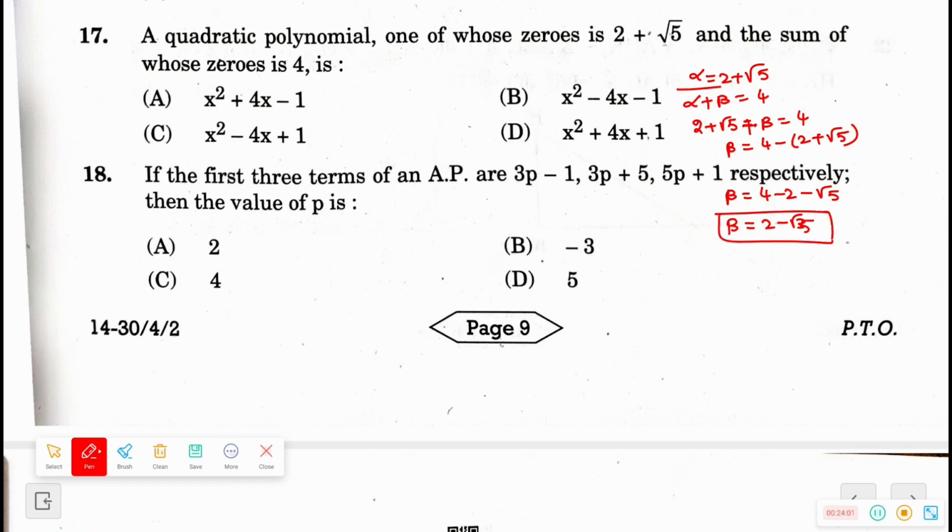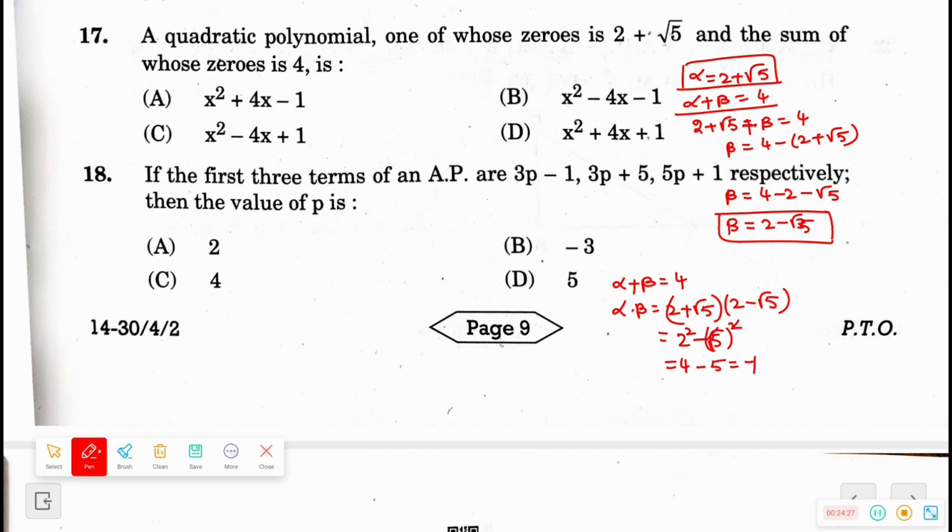Beta is 2 minus root 5, alpha is 2 plus root 5. And what is alpha plus beta? Already the sum of zeros is given, 4. What is alpha into beta? 2 plus root 5 into 2 minus root 5, which is 2 square minus root 5 square. That is 4 minus 5, which is minus 1.